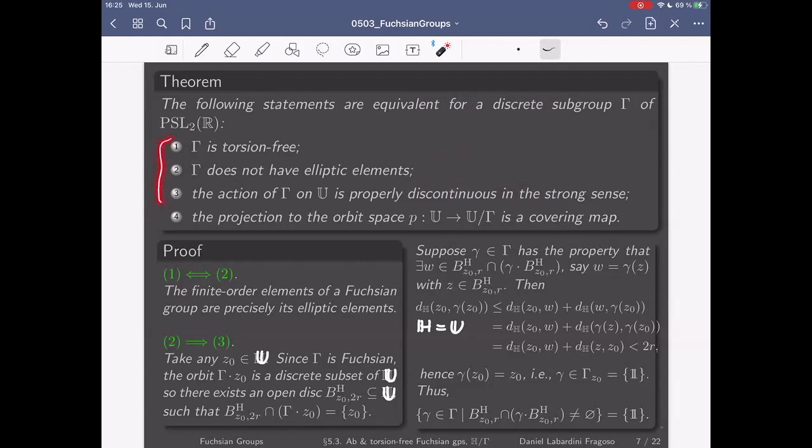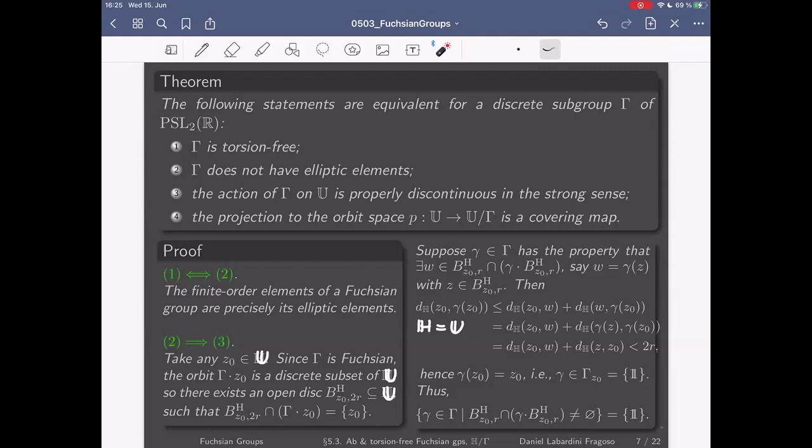Those three things are also equivalent to saying that the projection to the orbit space is a covering map.